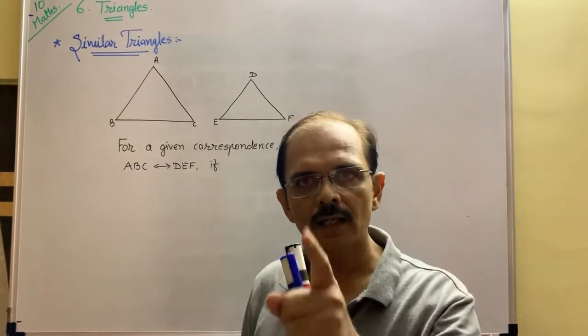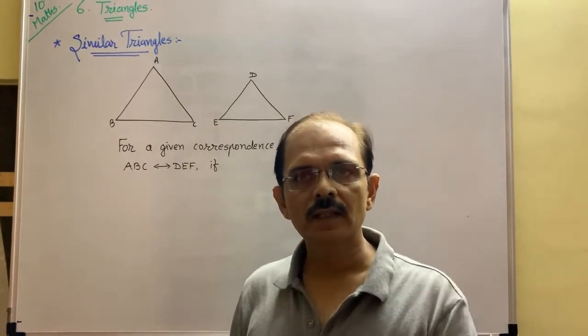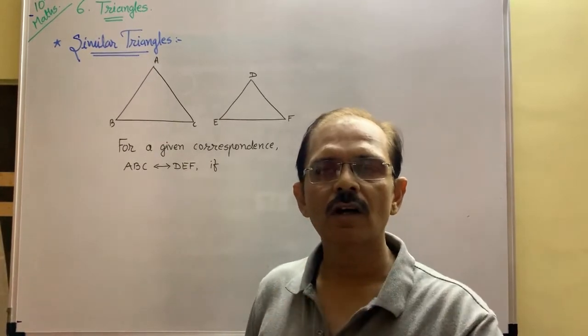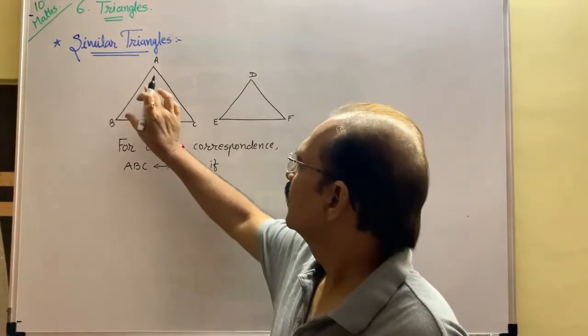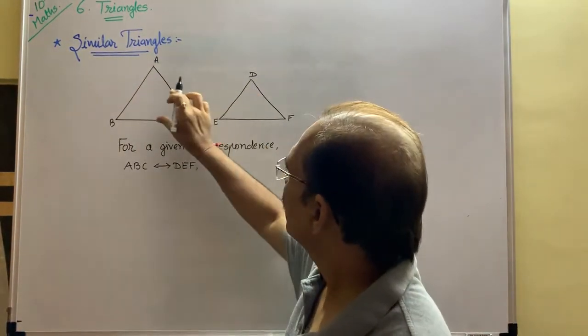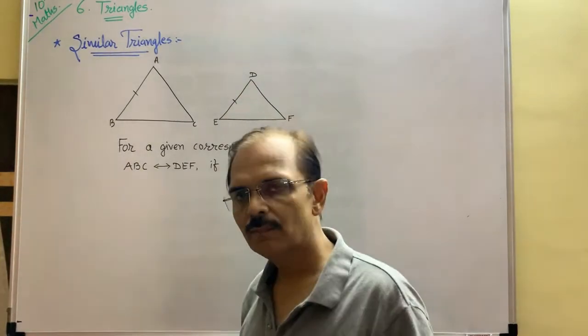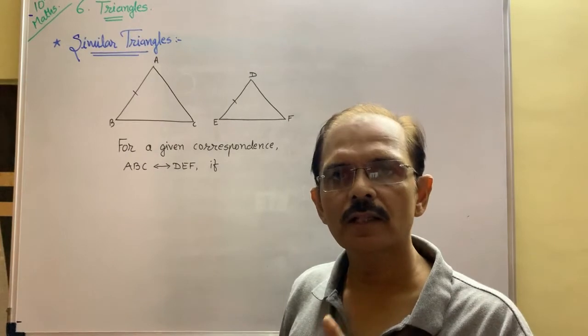Remember, they are not same but their proportions are same. They are not same but their fractions or ratios are equal. Then we say that this AB, its corresponding side is DE. It is not same but they are in same proportion, okay, equal ratio.